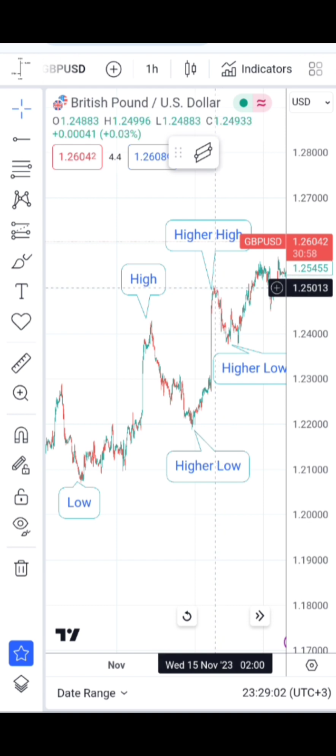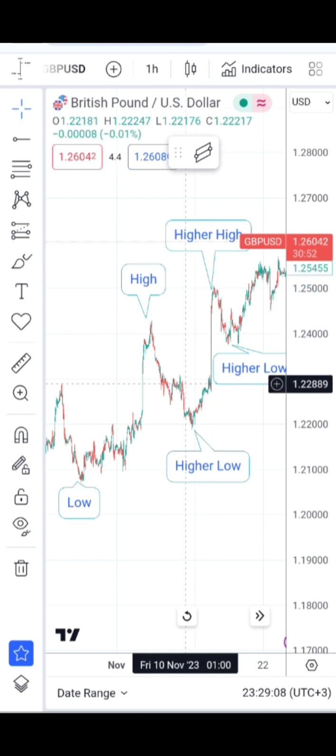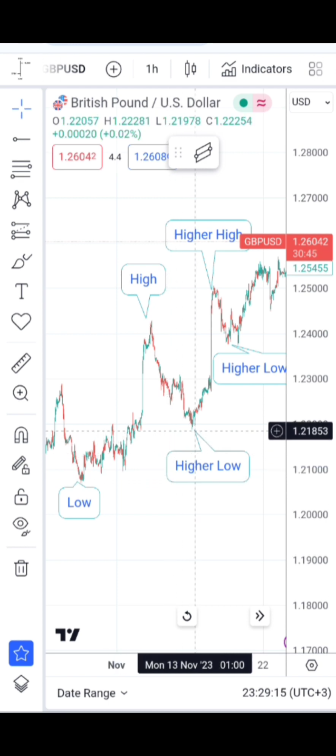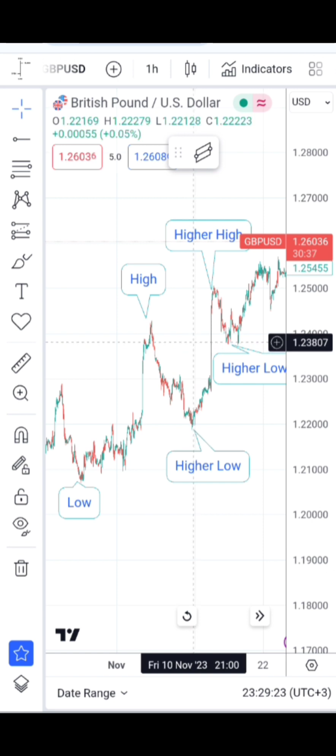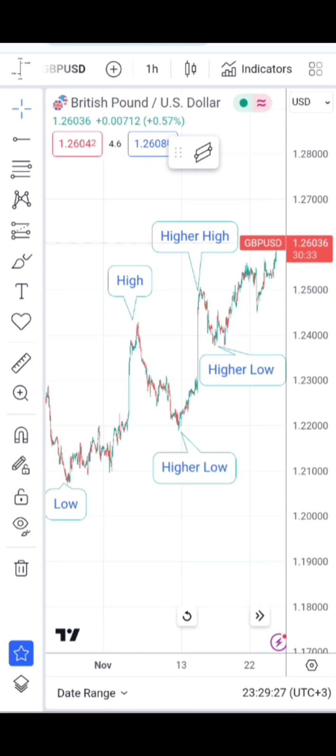So you realize the market is breaking this high. It broke the previous high to form a new high, but this low was not broken. The previous low was not broken. So it is creating new lows, rather higher lows, alongside new higher highs, but it's only the highs that are being violated.